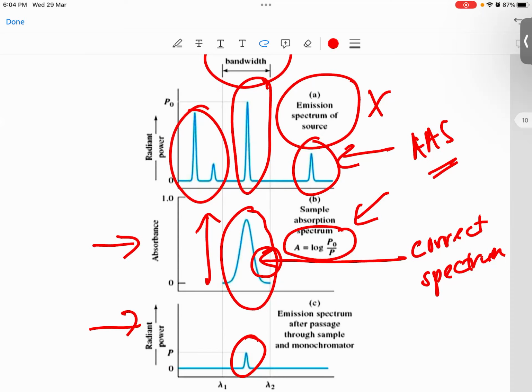So even though AAS is cheap, unfortunately it's not that robust. You have to isolate other metals first, or remove them, and then identify using AAS, because it is usually suitable for a single metal only. That's the disadvantage of using AAS.